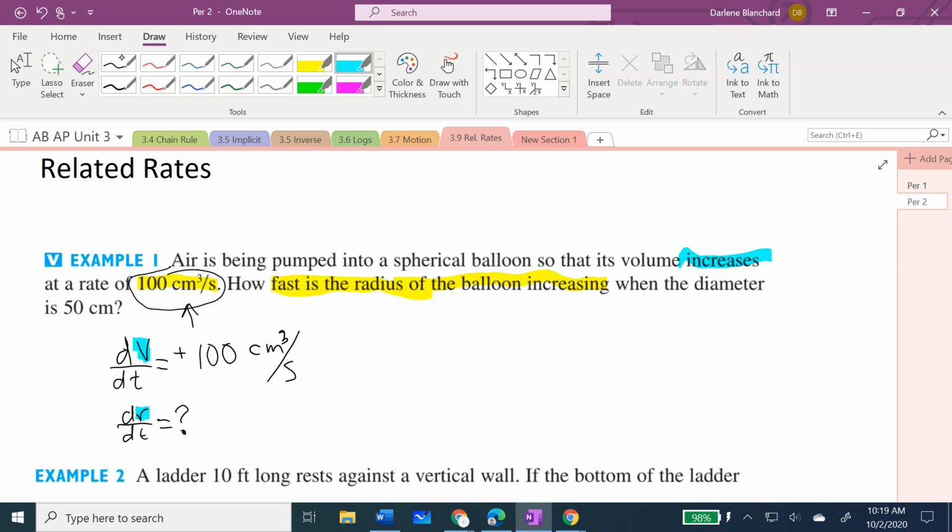Now, the AP test never expects you to know some of these volume formulas, with the exception of, say, a rectangular prism. So maybe you remember, maybe you don't, but you would be given that the volume of a sphere is 4/3 pi r cubed.